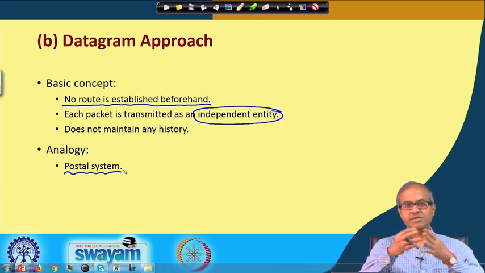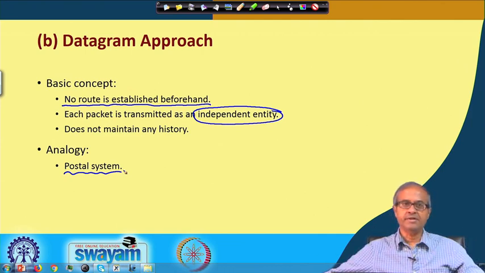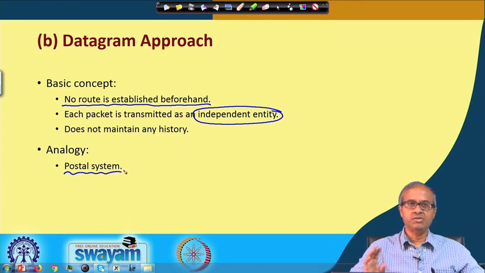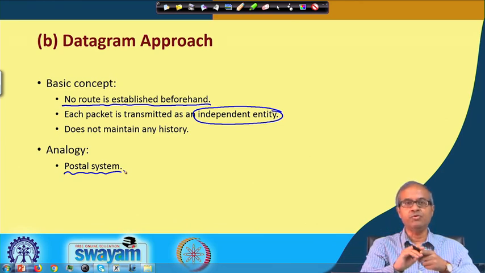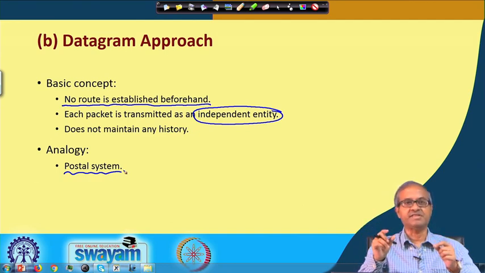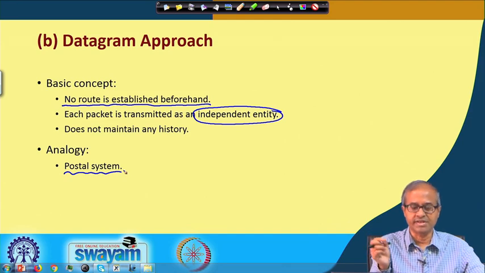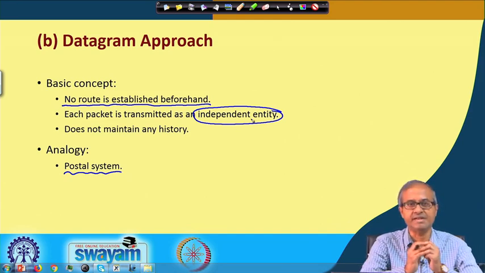You do not know which path the letter is following or how it is going. But one thing you know is that when you post a letter, you specify a destination address. So here also, when you transmit a packet, the packet must carry the address of the destination node along with it. Because it is being sent as an independent entity, you must have the address.